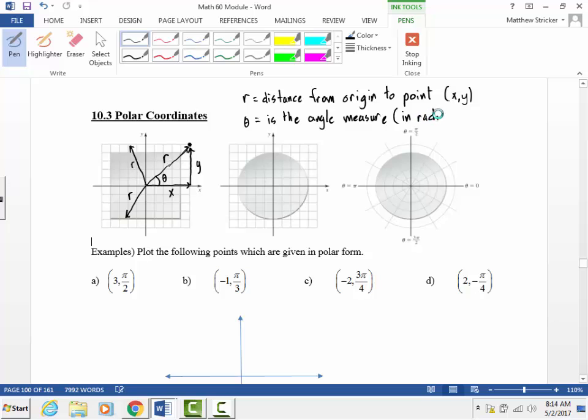Those of you who like degrees, I'm sorry. In radians from the positive x-axis. You guys know what I mean by positive x-axis? There's negative and positive, right? So it's the right side. Positive x-axis to r.